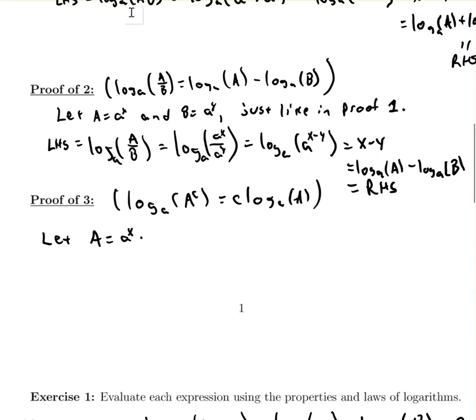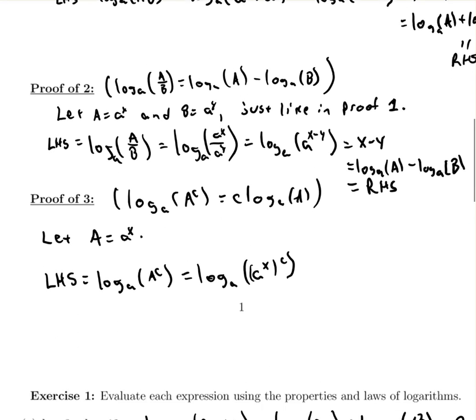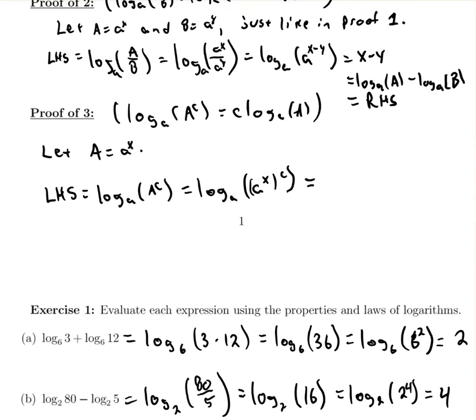I'm going to start with my left-hand side. And when I substitute big A with little a to the x power, I now have that all raised to the c power. And your rules of exponents say a power to a power is going to be multiplication here. So I can deal with this by multiplying x and c. So log base a of a to the cx. Again, just like in the previous two problems, log base a and then a to a power undo each other in a sense.